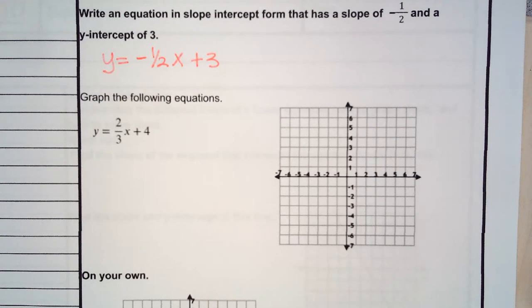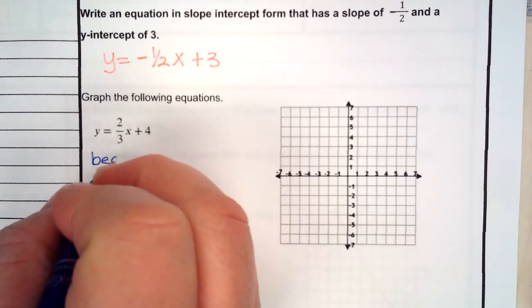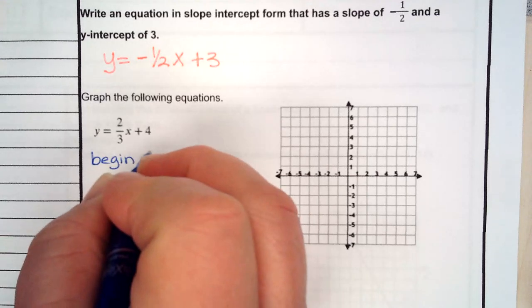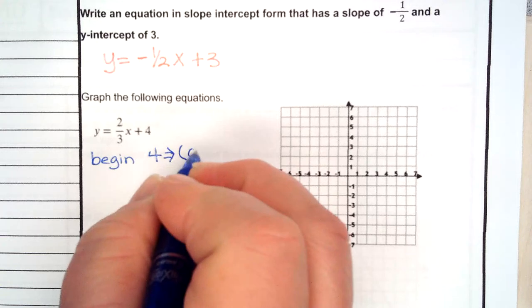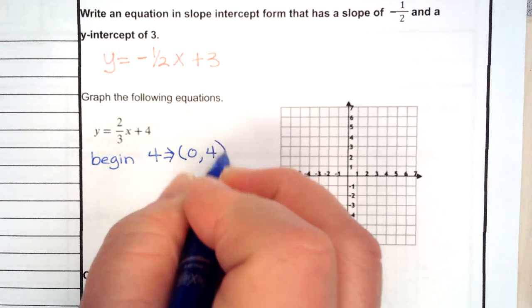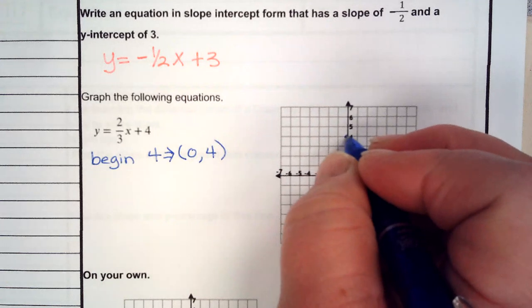Okay, now that brings us to graphing it. So you begin with a number that is at the end. So you're going to begin at 4. This is actually the point 0, 4. It's on the y-axis.